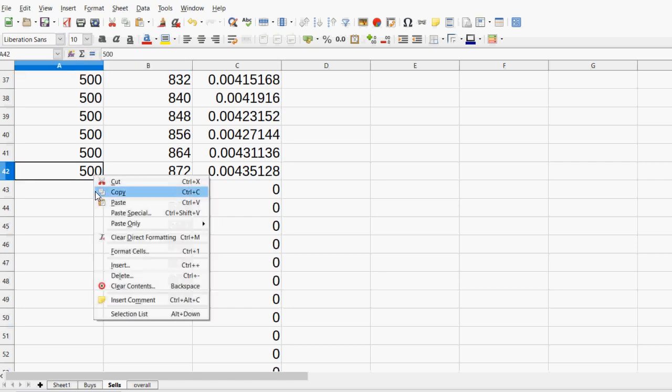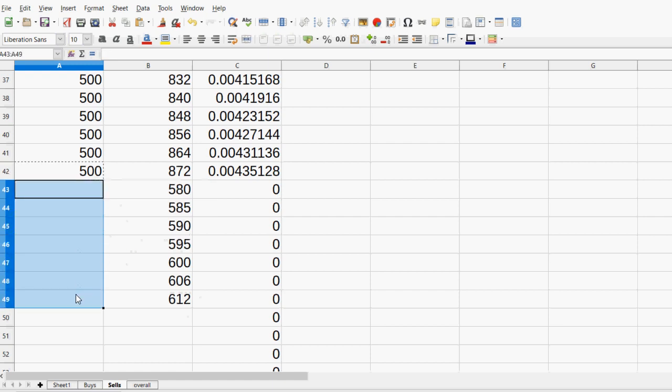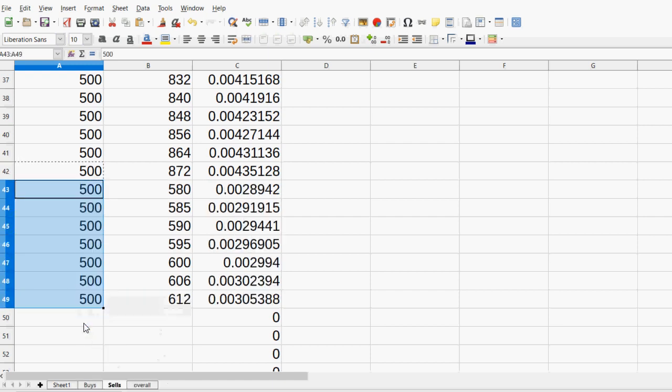So at this stage, you're just going to keep selling on top 618 and then 624 and so on and so forth.